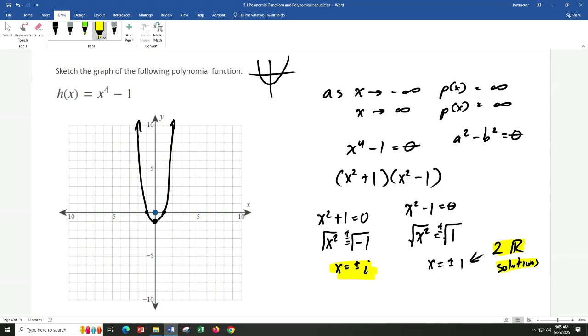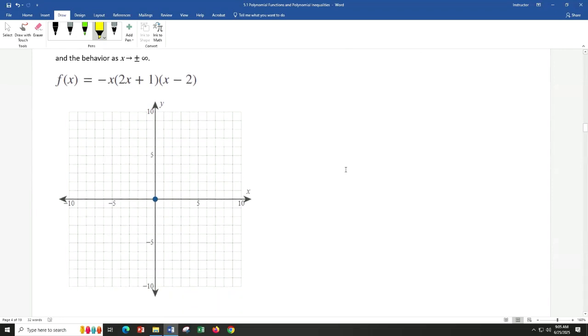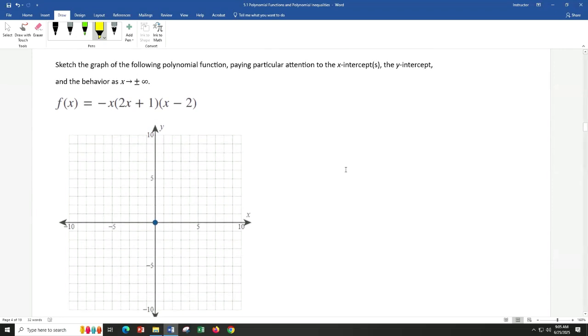Here's the nice thing. I'm going to show you some little tricks. Get this right here. Sketch the graph of the following polynomial function, paying particular attention to the x-intercepts and the y-intercept, and the behavior as x approaches positive or negative infinity.